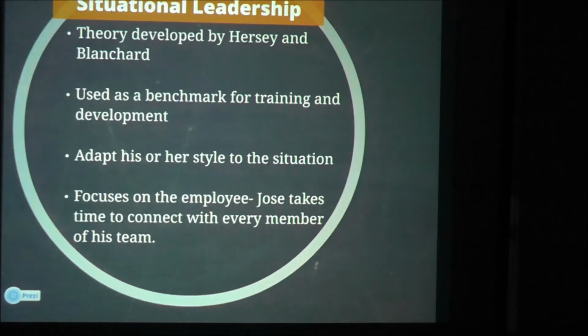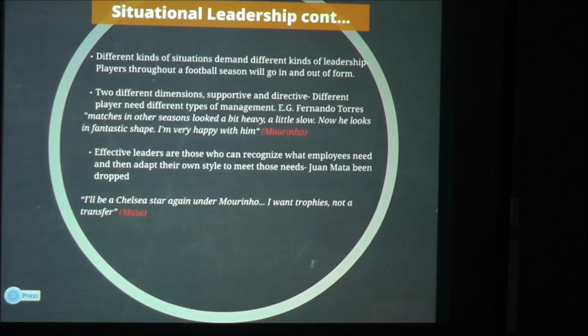The theory also suggests that instead of a leader just using one style of leadership, to succeed as a leader, he or she should use different leadership styles within different situations. In the course of a season, many players will drift in and out of form.